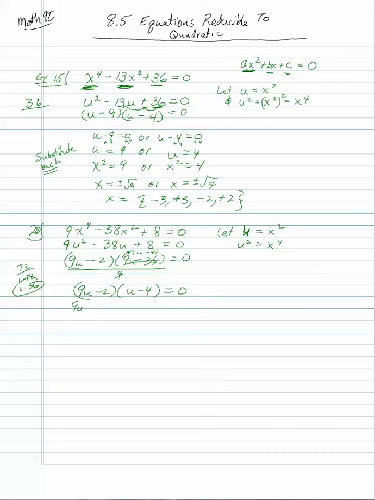Solve it. 9u minus 2 equals 0. You're going to set each equal to 0 and solve. Just skipping some work, I'm going to add 2, divide by 9. I'm going to add 4, divide by 1. Okay, now substitute back. u is x squared.